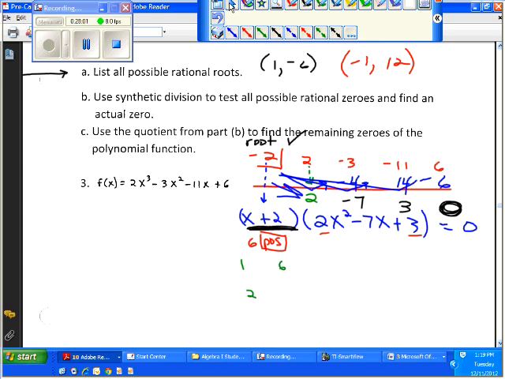Find the factors of 6. If it's positive, they have to be what signs? Same sign. We pick the pair that add to give you the B, which is negative, using sign rules.